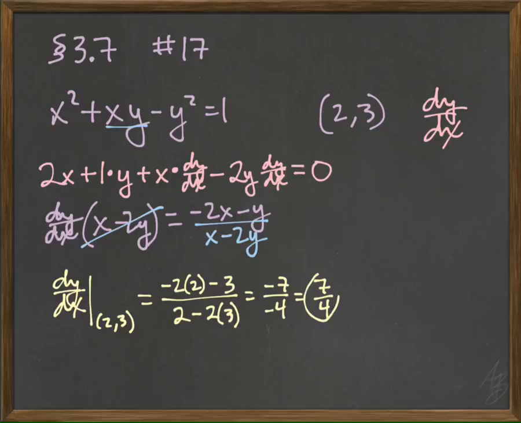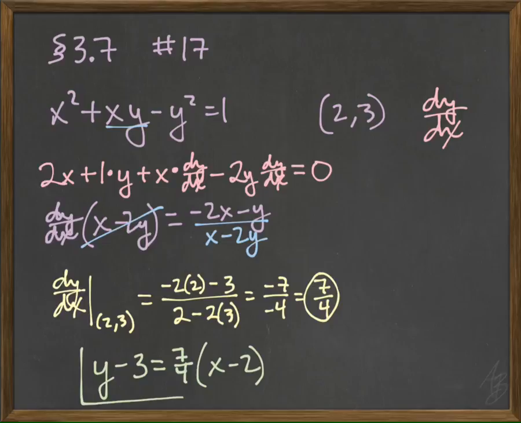This is our slope here. We know the point, (2, 3). So what do I do to write the equation of that line? Yeah, I would use point-slope form here. So we would have y minus 3 equals 7/4 times (x minus 2), and that's the way I would write the answer.